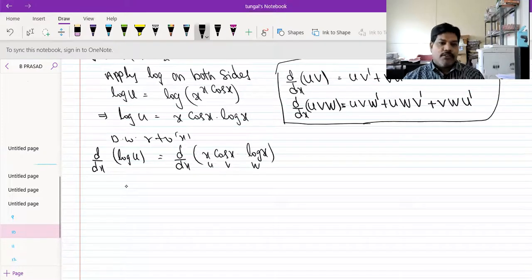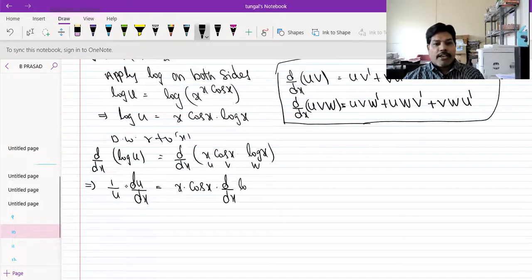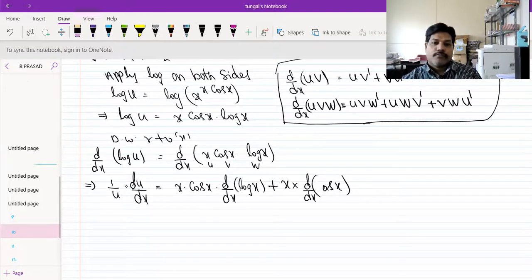So what is the formula? The derivative of log u will become 1 by u into du by dx, is equal to first x into cos x, differentiate the third function, that is the derivative of log x, plus next I will differentiate the second function, that is x into the derivative of cos x into log x.